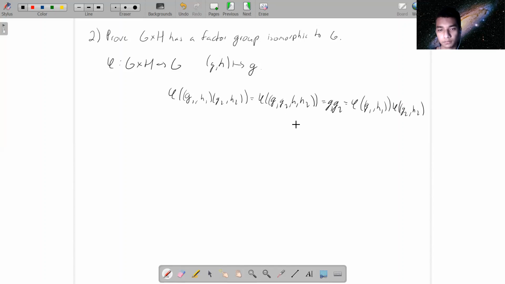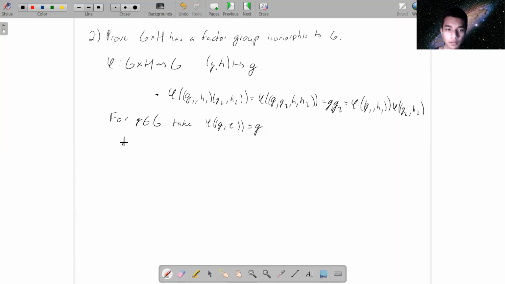All right. So this establishes the homomorphism property. It's surjective because for any g in G, let's take phi of (g,h), this is just g. So it's clearly surjective.